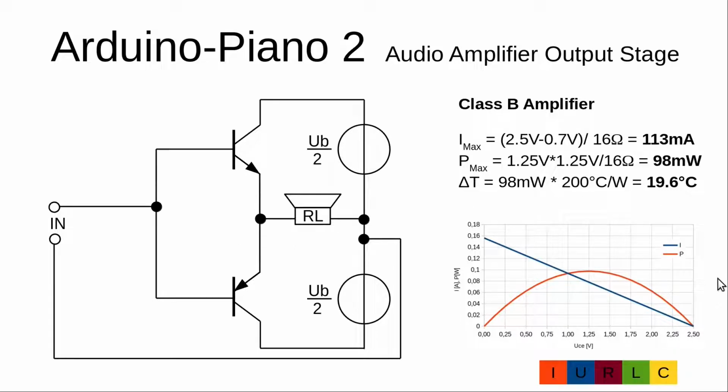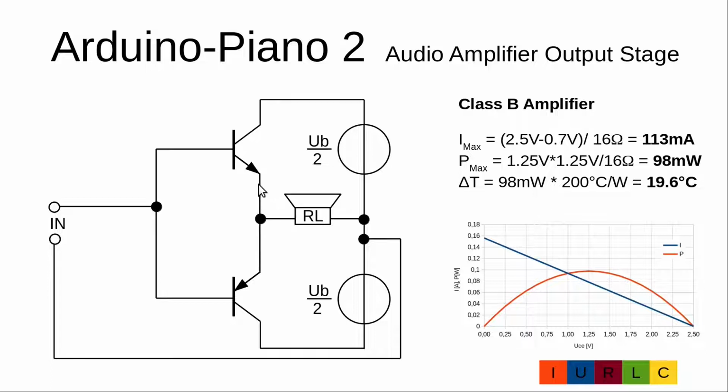In this diagram we have the current through the transistor and the loudspeaker and the power dissipation of the transistor as a function of the collector-emitter voltage. With a decreasing collector-emitter voltage, here we have the collector-emitter voltage, the emitter voltage will increase.